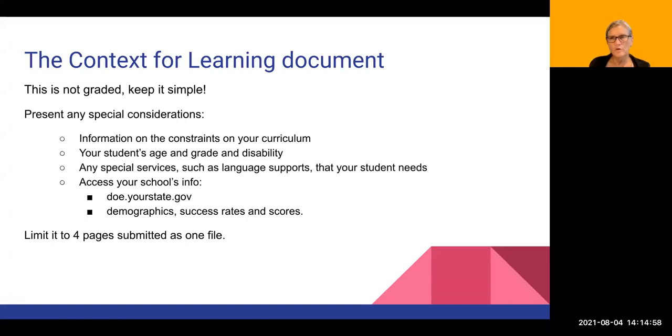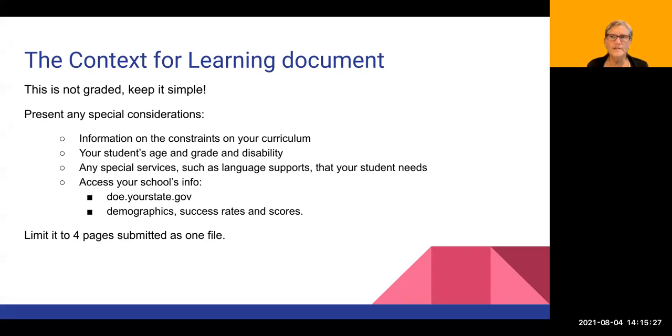So keep it simple, don't overthink it. The way the context for learning document is used is the reviewer is going to look at it quickly to assess the age, the gender, maybe the special needs accommodations that your student has. Perhaps they'll look at whether you have constraints on your curriculum, like you're supposed to use a certain one required in your district, and anything about your school's information is supposed to go there.